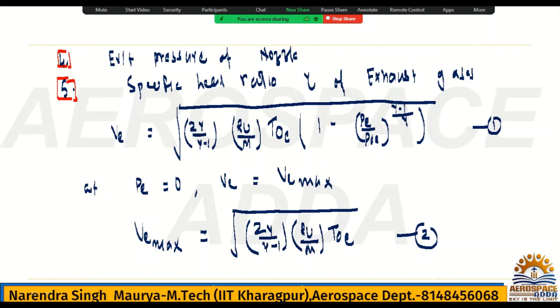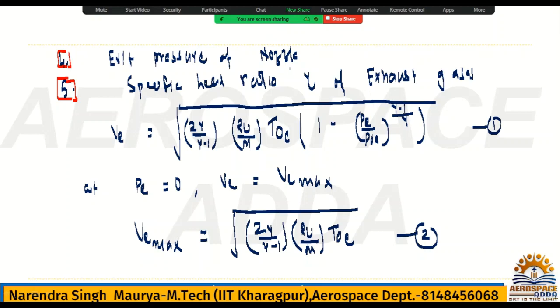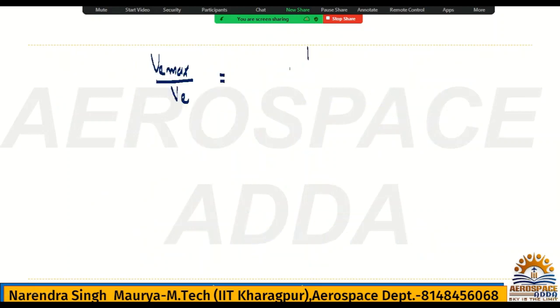So you will get VE max by VE equal to 1 upon the root of 1 minus (PE by P naught E) to the whole power (gamma minus 1) by gamma.